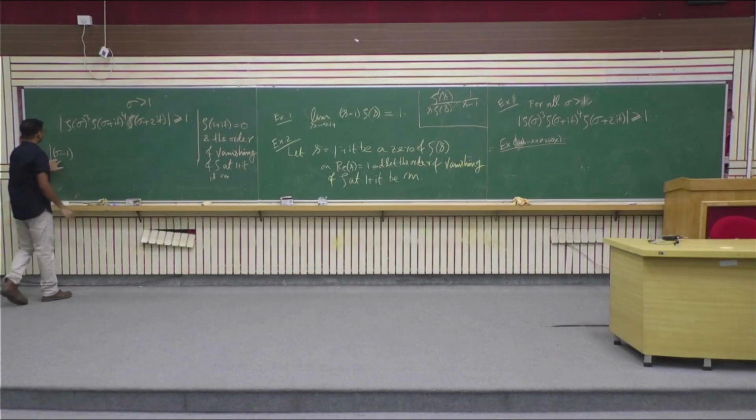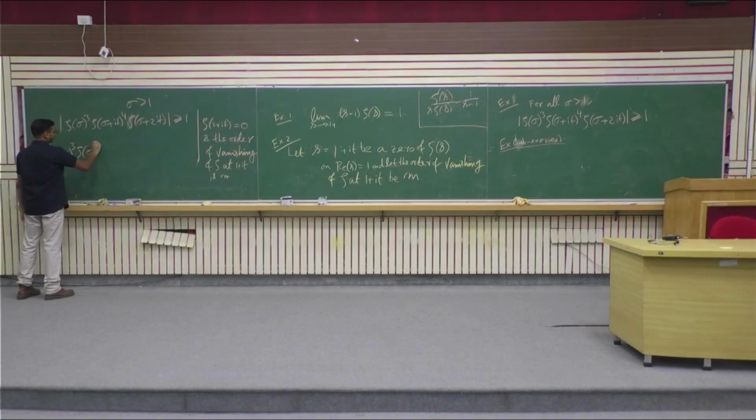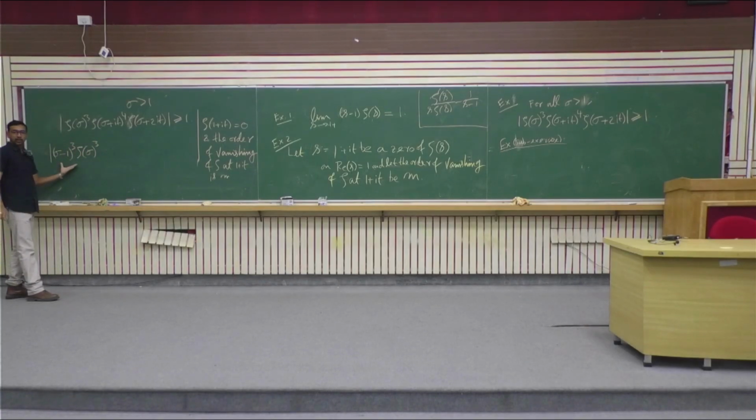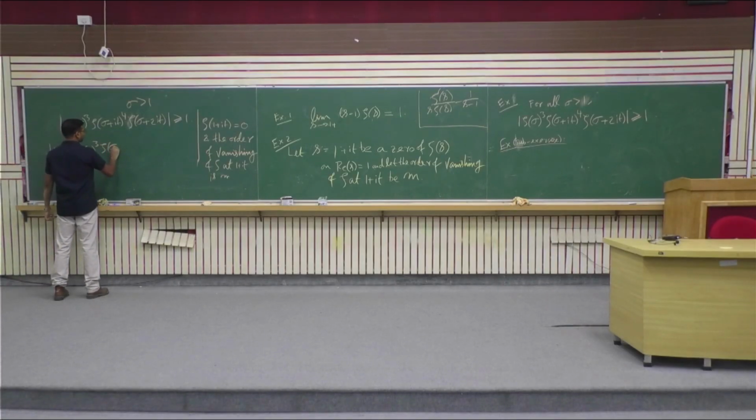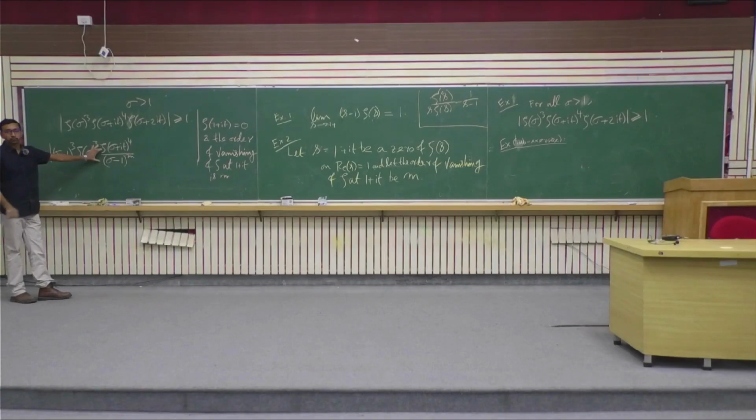So now this one will converge to 1 as we take sigma going to 1 from the right hand side. Similarly, here if we divide by sigma minus 1 whole power m, this will also go to some non-zero constant.